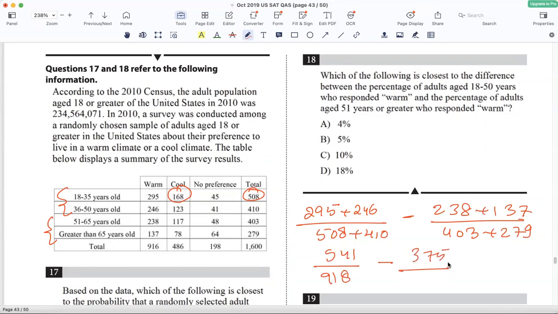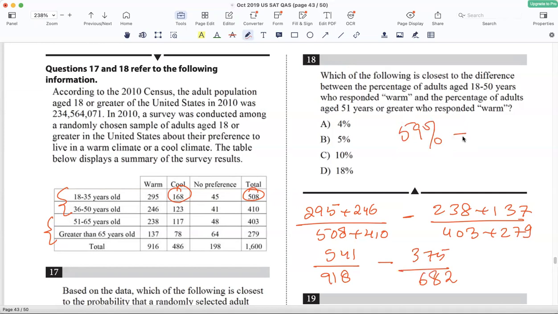And 403 plus 279 is 682. Okay, so 541 by 918. 541 divided by 918. So that's about 59%.